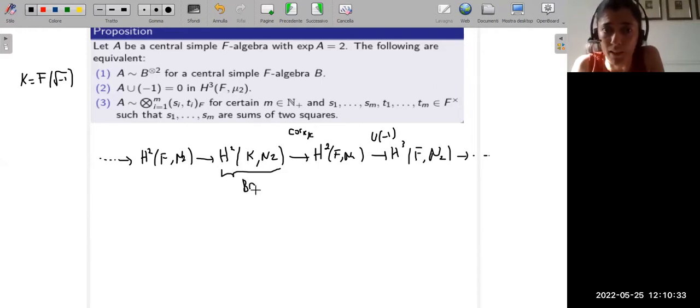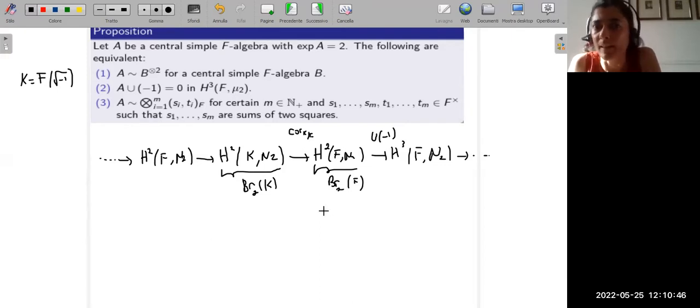So this is for me the 2-torsion part of the Brauer group of K, and this is Br_2 of F. Now if you read item 2, you have a class here: A has exponent 2, so you are here, and it maps to 0 under this map.